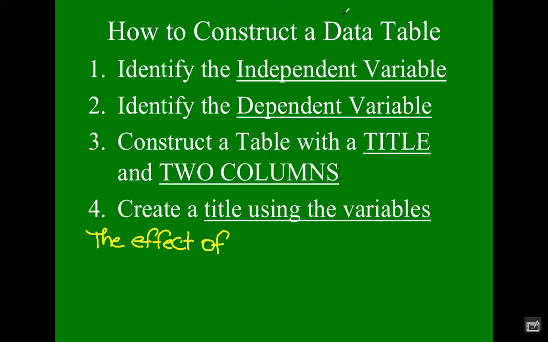Okay? And then I'm going to draw a blank and then use the word "on" and then another blank. Basically, when we create this title using the variables, we're looking at the effects of the independent variable on the dependent variable.